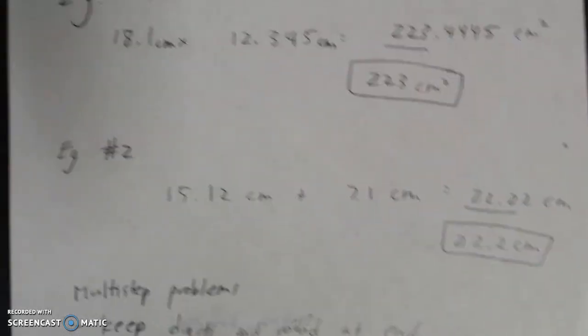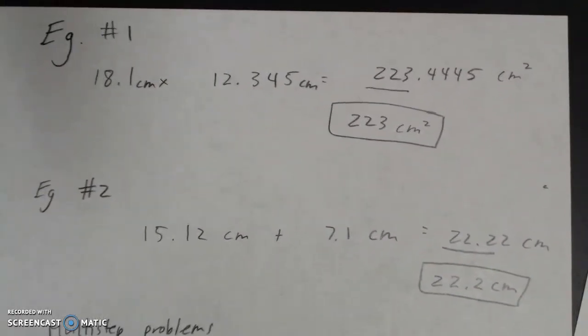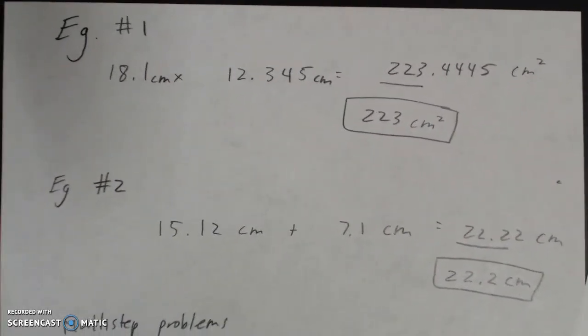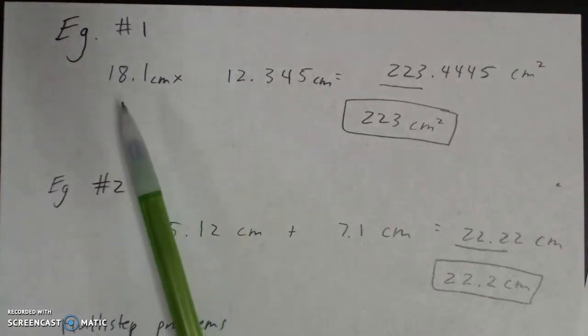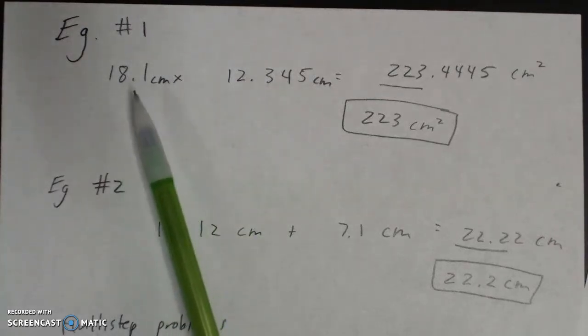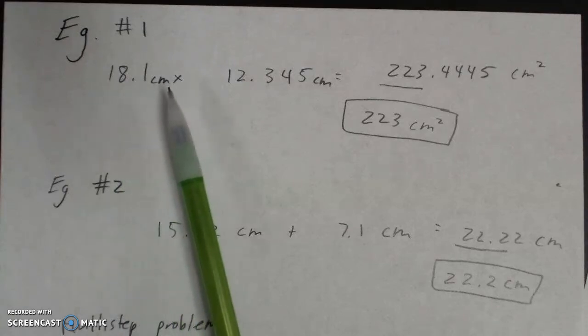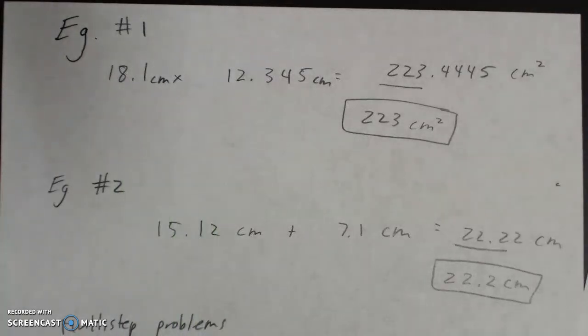So let's say I have the measurement 18.1 centimeters times 12.345 centimeters. And we're going to figure out the area here in square centimeters. I look at both of these values, and I have to look at the one that has fewer sig figs. So here, there's no zeros, so that's easy. I have 3 significant figures. My answer, I shouldn't express more than 3.